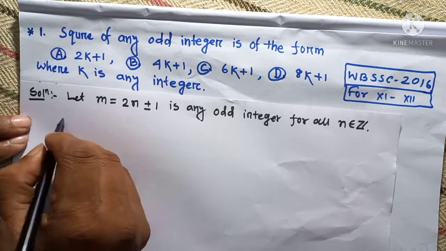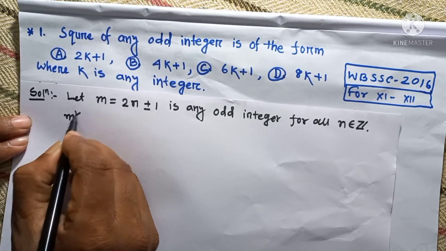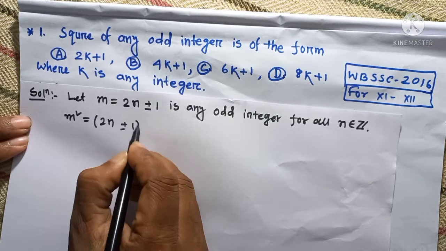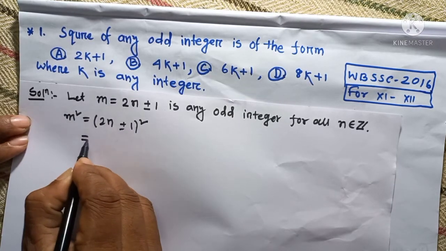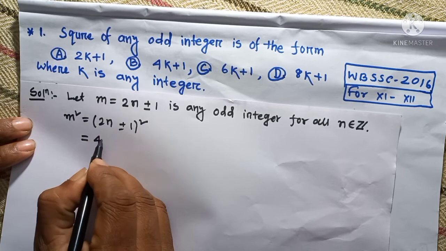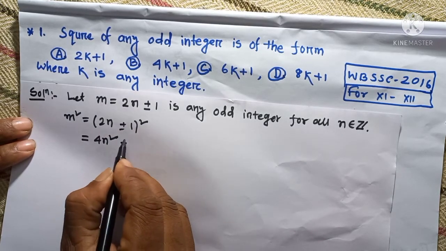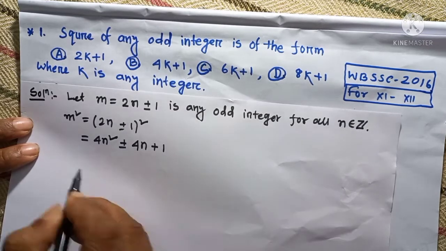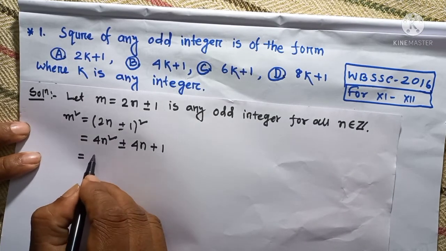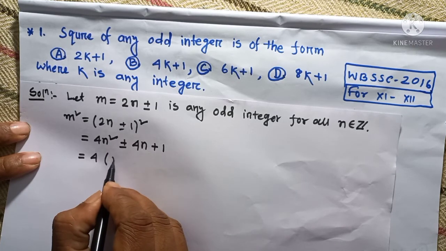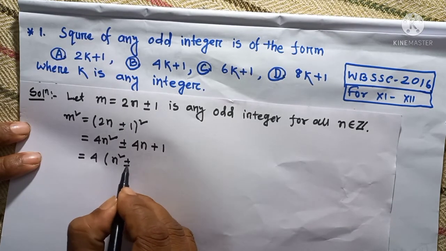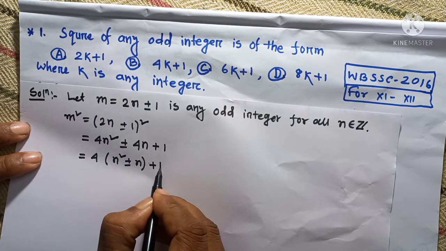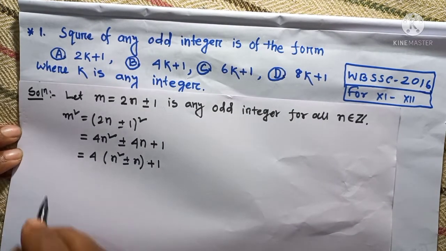Taking square both sides, we get m square equal to 2n plus minus 1 whole square. This equals 4n square plus minus 4n plus 1. This equals 4 times n square plus minus n, bracket close, plus 1.